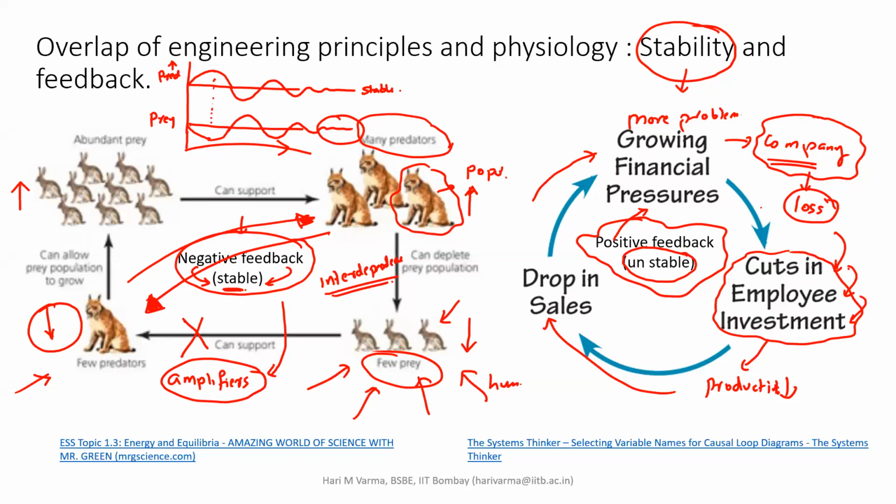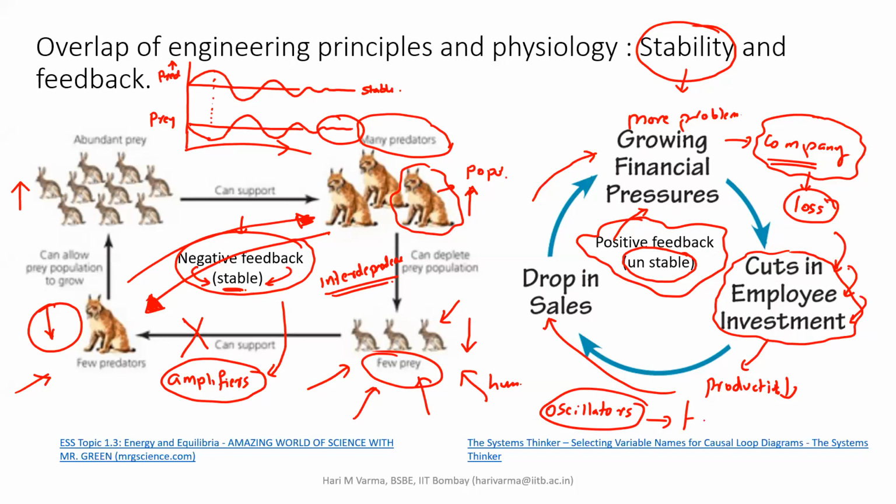Now, don't take it in a way that positive feedback or instability is really bad. That is not true. Both negative feedback and positive feedback are necessary for both engineering systems as well as biomedical systems. For engineering systems, take oscillators, for example. What is an oscillator? It actually generates signals.